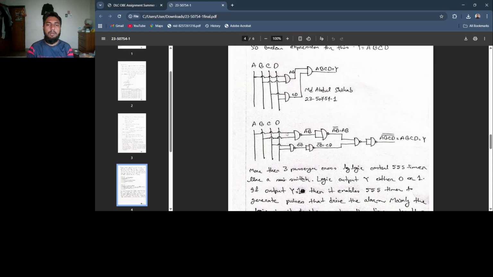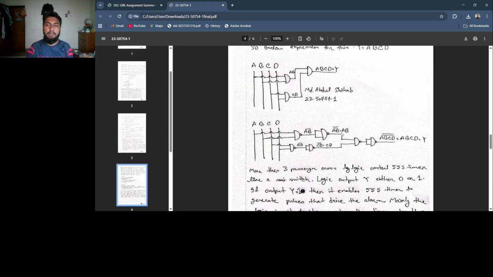Now I convert my AND gate to a NAND gate. So where is my AND gate? I convert this AND gate with my NAND gate. The NAND gate rule is, if there is an AND gate, replace one AND gate with one NAND gate, and the output of the NAND gate will be two inputs to a NAND gate.